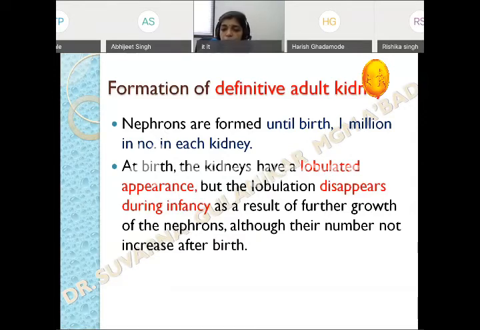The nephrons grow, and that causes the lobulation to disappear, but the number does not increase after birth. Whatever number is there till birth remains fixed. Only lobulation disappears and the surface becomes smooth. So this is the last part of the development of the kidney.